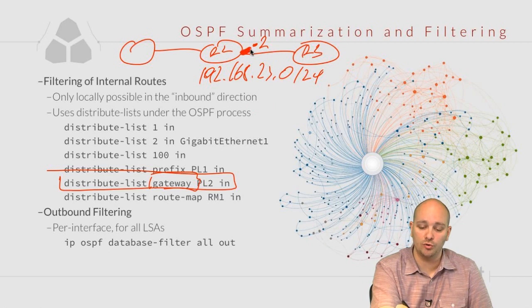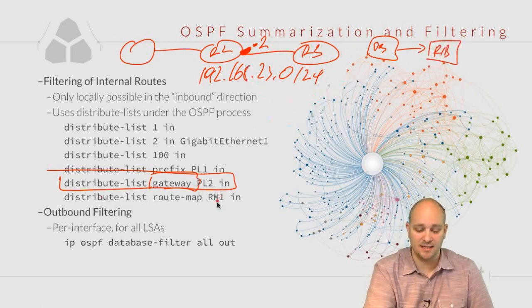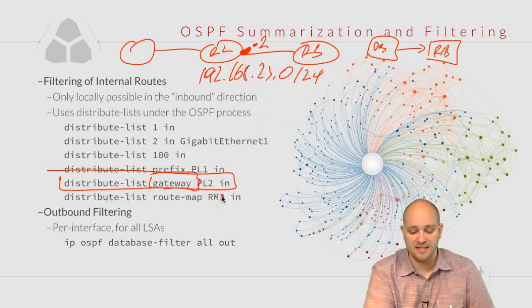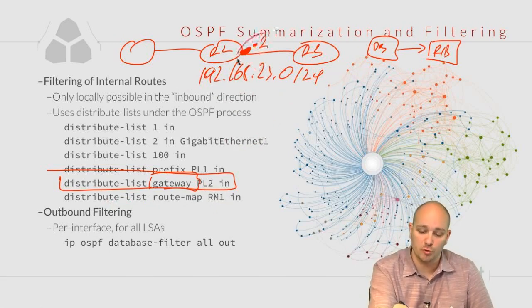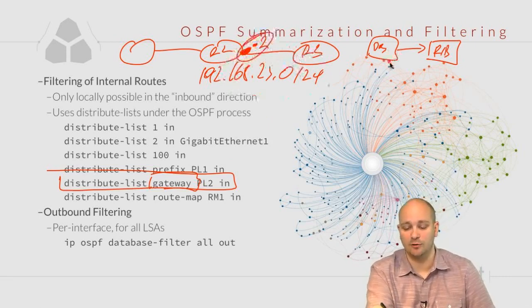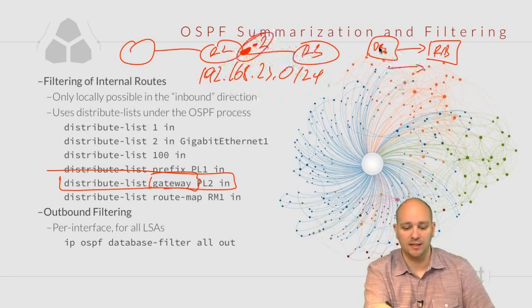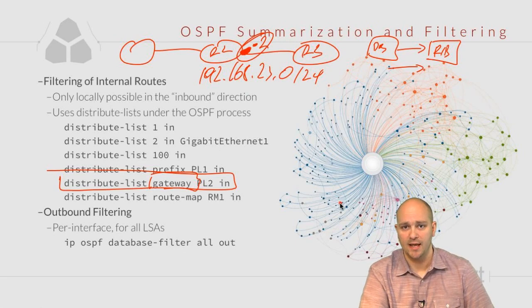If I wanted to filter all the routes that have this as the next hop on R3 between the database and the routing table, what I would say is, for example, IP prefix list PL2 deny 192.168.23.2/32, which would match this IP address here, and that would mean that all the prefixes that would be installed in the routing table with this as the next hop by the OSPF process would actually be denied.